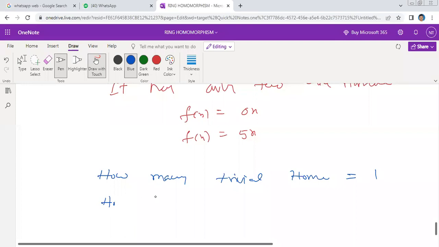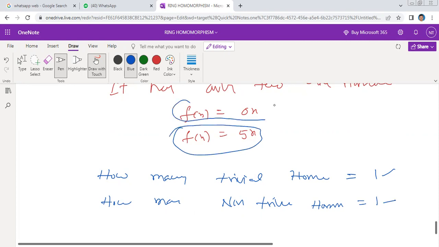Non-trivial homomorphisms? One. Total homomorphisms are two. Trivial homomorphism is 1, non-trivial homomorphism is 1. This is the non-trivial homomorphism and this is the trivial homomorphism. Yes, clear?